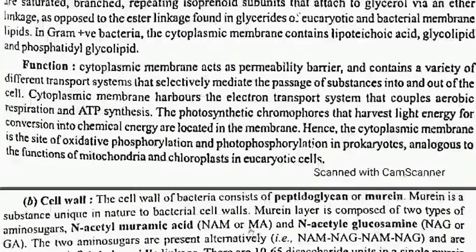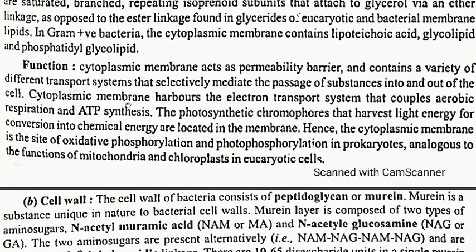Now, as already explained, I have already explained the function of this. The cytoplasmic membrane acts as a permeability barrier. Then it contains different transport systems. It harbors the electron transport system. It couples very easily with aerobic respiration and ATP synthesis.